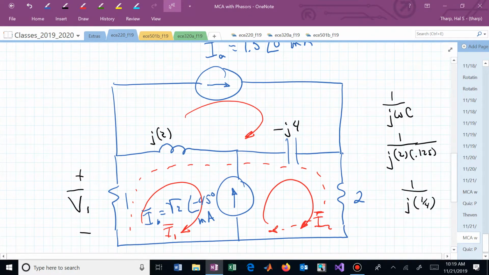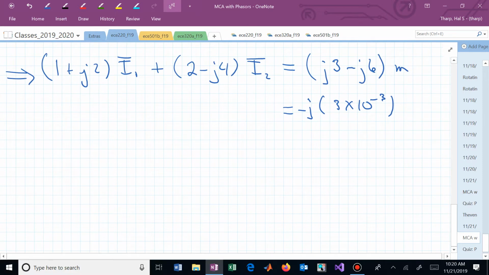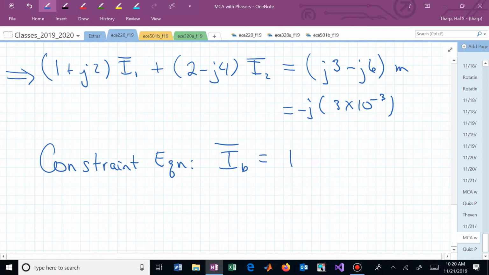I have my constraint equation, which is because of that super mesh, I better have a constraint equation. That constraint equation I can find by realizing that the vertical current source effectively is I2 bar minus I1 bar. My constraint equation now allows me to say that I sub B is I sub 2 minus I sub 1.